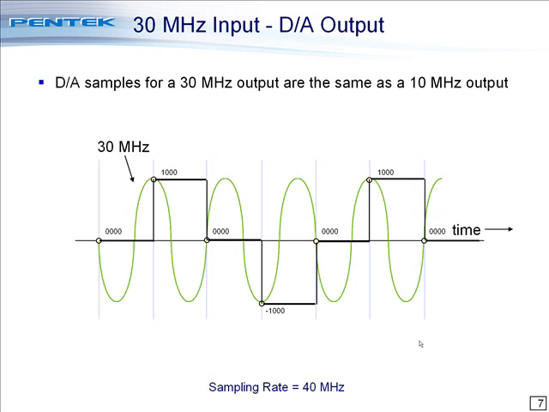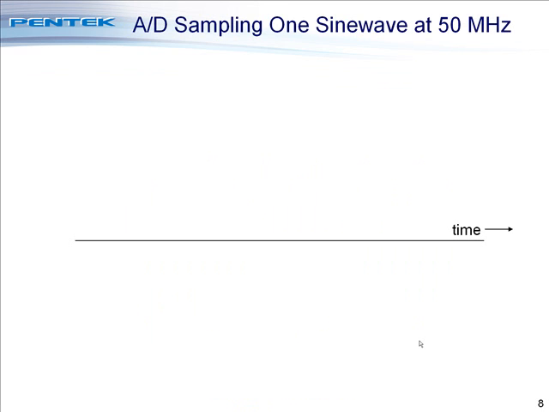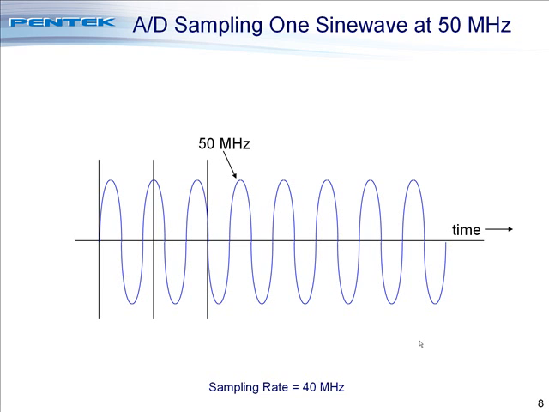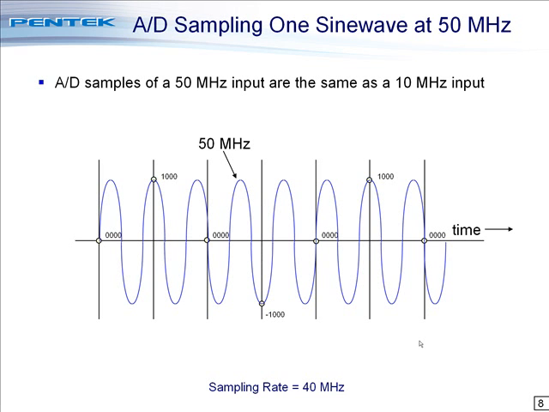Let's go up a little bit higher in frequency. Let's put in an input signal of 50 megahertz. In this case, with a sampling rate of 40 megahertz, the sampling periods are shown, and the digital samples created, again, are exactly the same as the samples that we had from a 10 megahertz input.